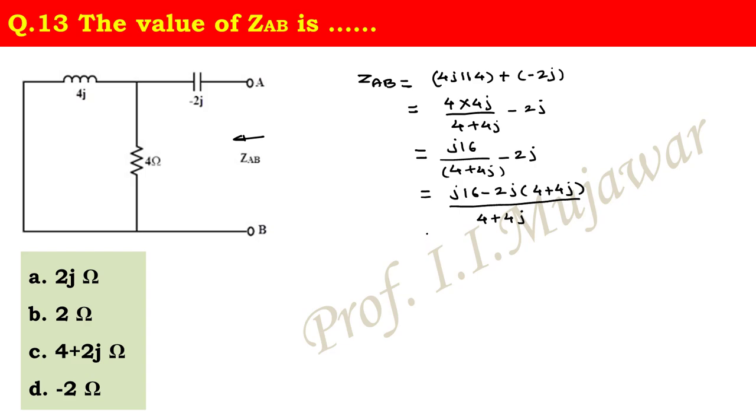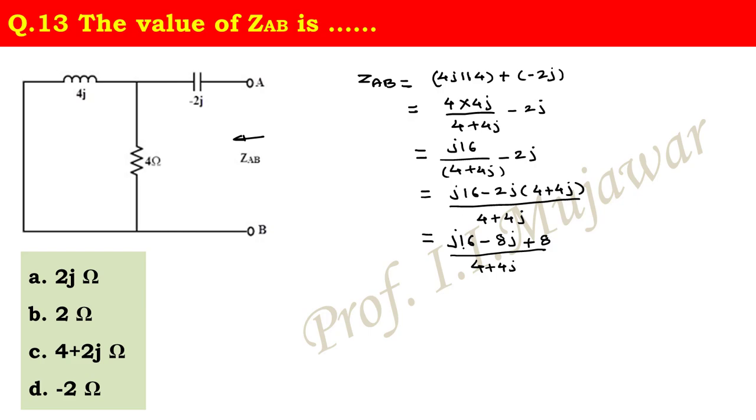Let us simplify this bracket. So J16 minus J2 into 4 is 8J. Now it is a minus. Now this is 2J into 4J, which is nothing but 8J squared. And since J squared is minus 1, this term comes out to be plus 8.